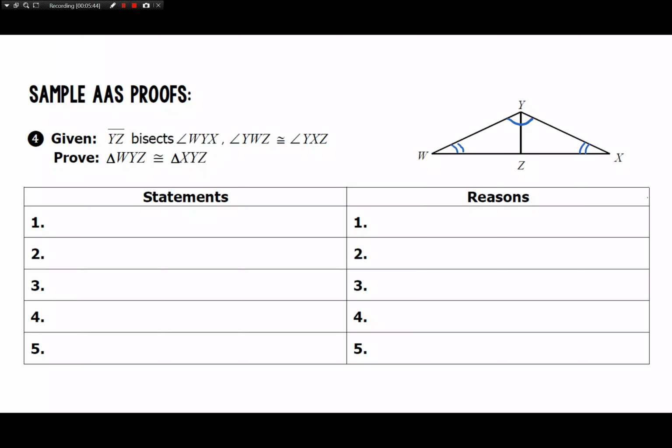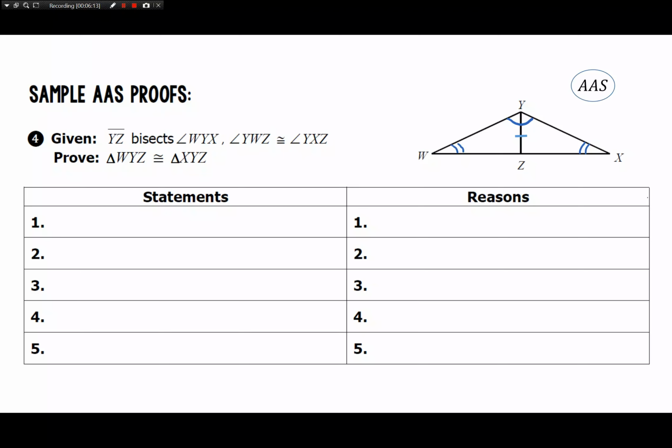And then the third part that we get here is we have segment YZ being the same segment on both triangles, so it has to be congruent. When we look at this, we have an angle next to an angle next to a side. So the triangles are congruent by angle, angle, side, which is what we're going to use for our proof. We're going to circle that and then come back to using that later on.